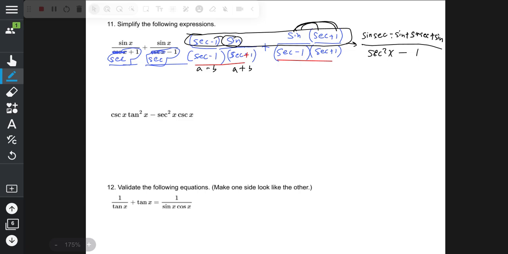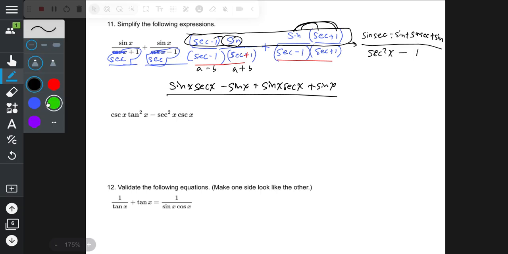So that's a little bit messy, but let me write that top part again. Sine secant minus sine plus sine secant plus sine. That's the top.